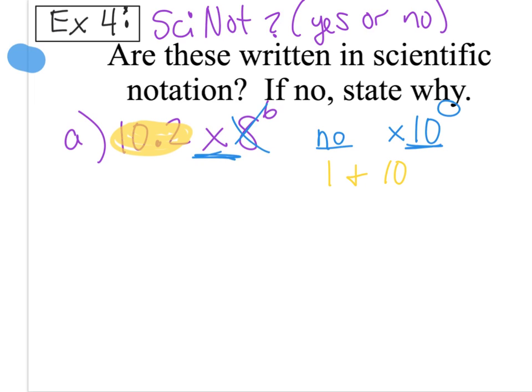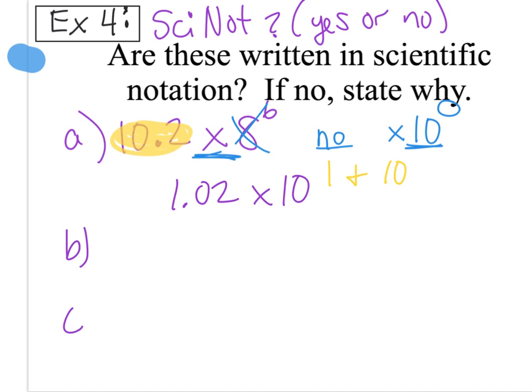Has to be between those two. So in other words, they would say less than 10. So in order for that to be true scientific notation, the decimal would actually have to be here, 1.02. Then that would be considered scientific notation if it had a times 10 in it. So there were 2 things wrong with that one.